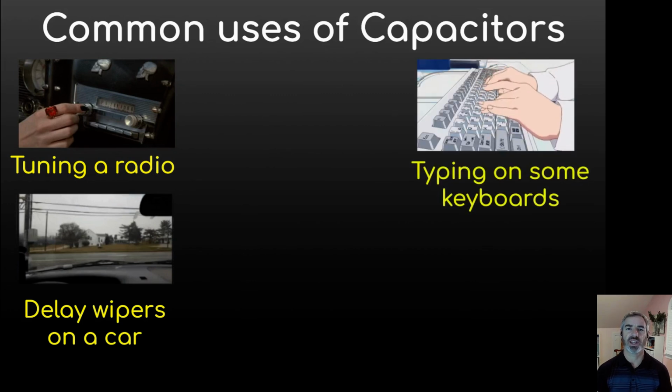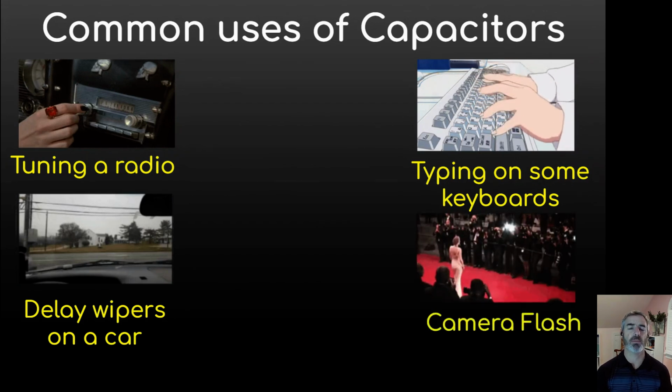Another use is in some keyboards, where capacitors are what allow the letters to be typed. So when you press a letter, it tells the computer which letter is pressed by the discharging of that capacitor. And also camera flashes. So in your phone, when you take a picture, a capacitor charges very slowly, then it discharges very quickly to give you that flash to take your pictures.